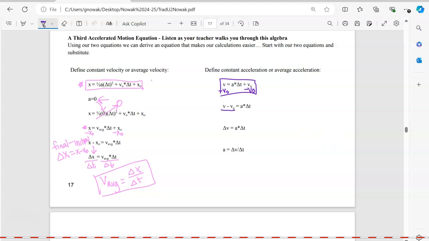Then we will go ahead and substitute delta v for v minus v naught. Then we just divide by delta t, and that leaves us with our average acceleration equals change in velocity over change in time. So these are our more simple derivations.